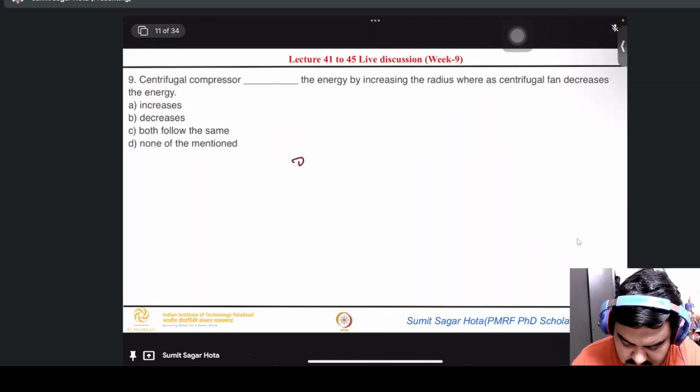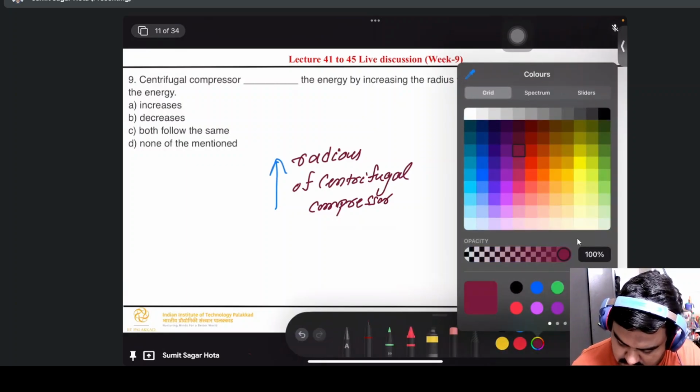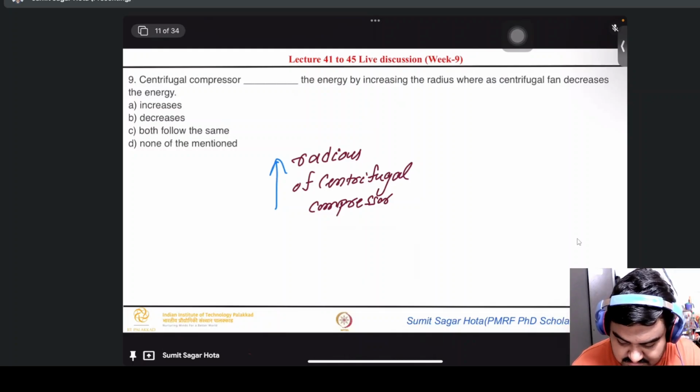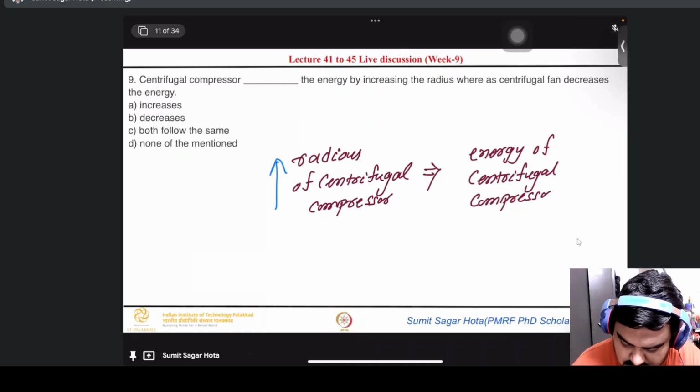So if the radius of the centrifugal compressor increases, the energy of the centrifugal compressor decreases.